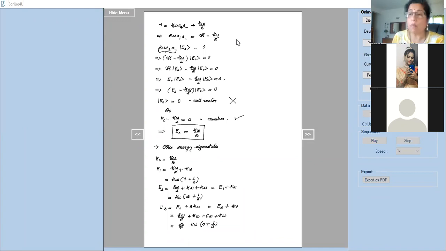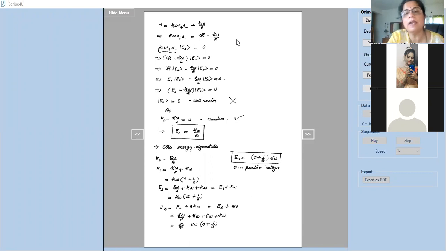So what does this tell us? It tells us that your nth energy eigenvalue is going to be n plus half into h cross omega, where n is a positive integer. So this is again a very, very important formula.